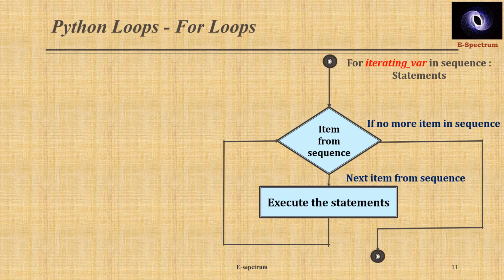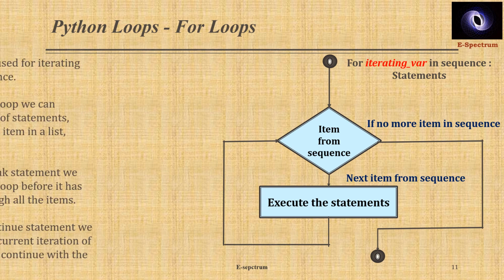If not, I will execute the statements. If all the items are finished, I will come out of the loop. If there are still items in the sequence, execute the statements, and again check whether the sequence items are finished. If yes, no more items are there in the sequence, come out of the loop.